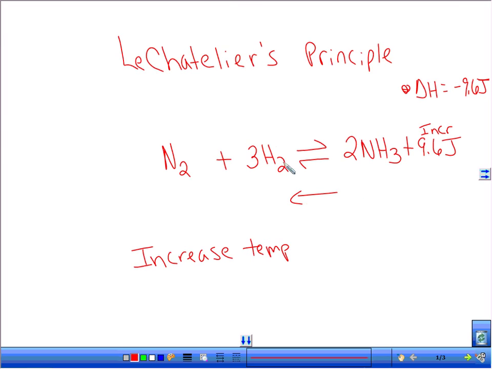When it shifts to the left, you're going to get more H2 and more N2 and less NH3. So this is going to cause a shift to the left. And when it goes to the left, H2, N2 will both go up, NH3 will go down.